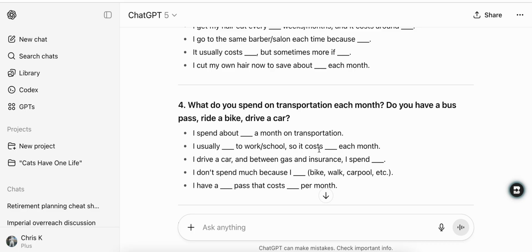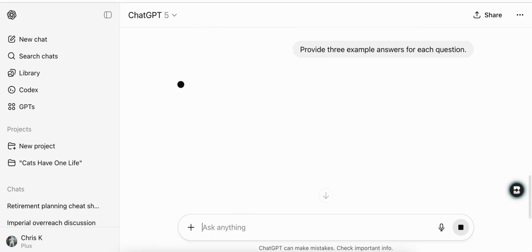So what we can also do is give model answers. So provide 3 example answers for each question. If you don't want to give them sentence starters, you can just provide example answers. That's fine too.